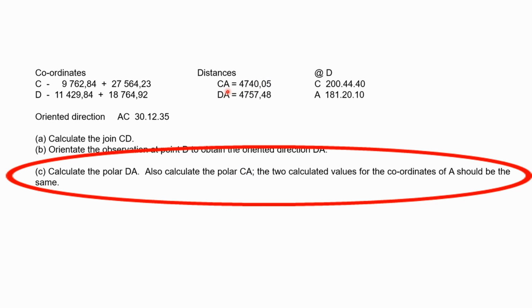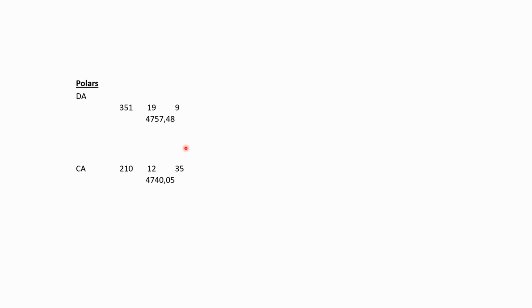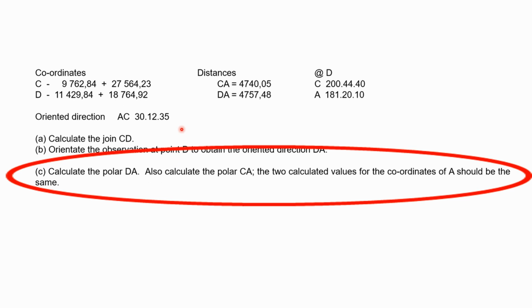For CA we have a distance as well, and we also have AC, which is an orientated direction. So with this AC we add 180 degrees so it becomes CA. We say this 30 degrees, 12 minutes and 35 seconds, plus 180, gives us 210, 12, 35.